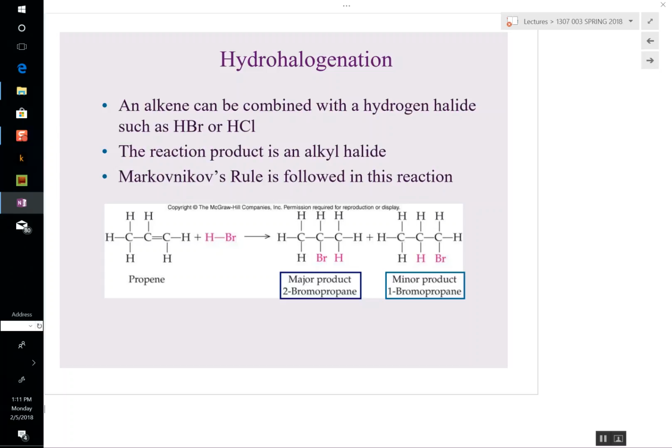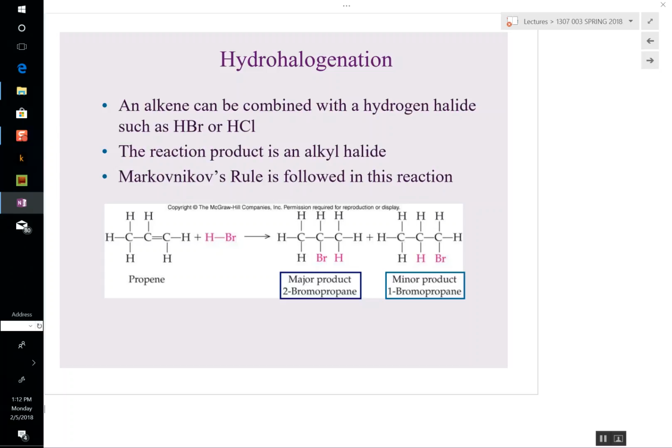We've got both here. So this could be HF, HCl, HBr, or HI. Hydrohalogenation. And you can see these are just like water. They're unsymmetrical. You've got a hydrogen on one side of the bond and a halogen on the other side of the bond.